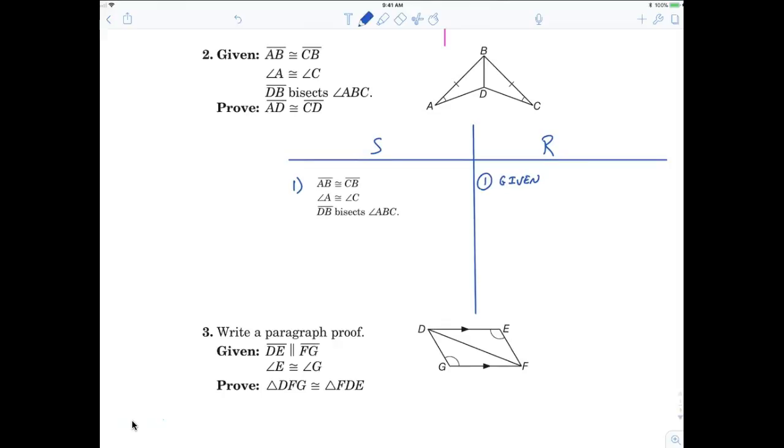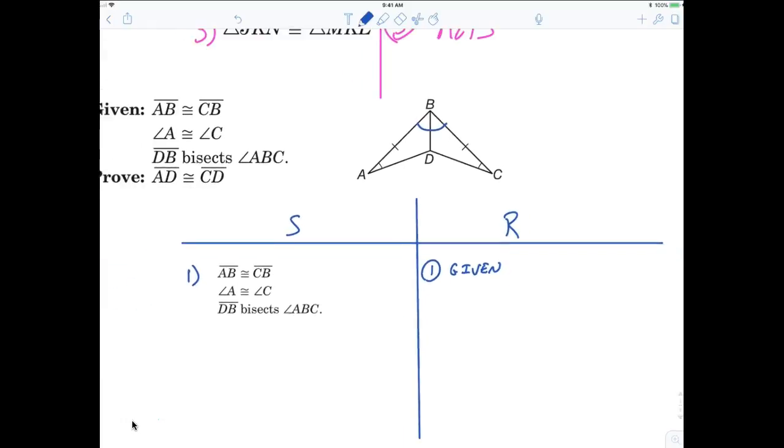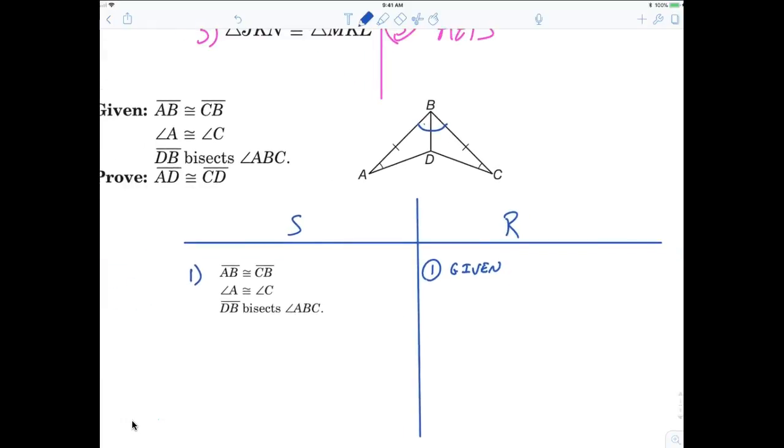Okay, so now again, it's marked for you, except BD bisects angle ABC. So just by that, can't you say the definition of ABC bisects, so I'm going to put 2 marks here and 2 marks there.